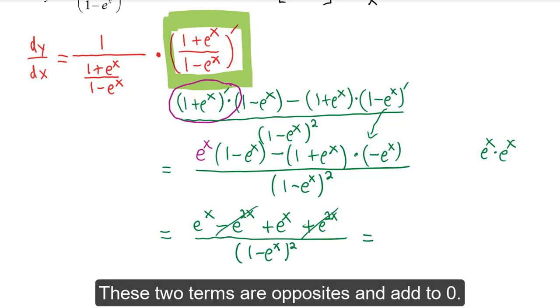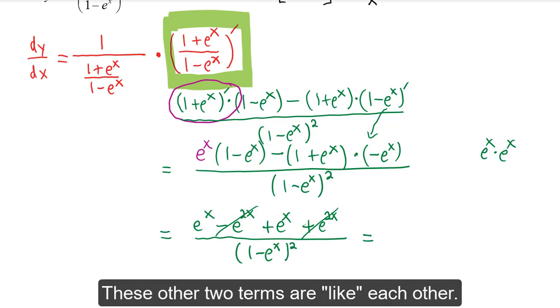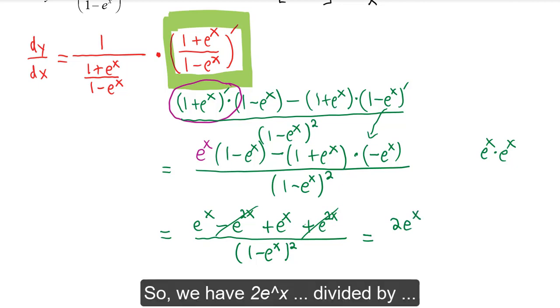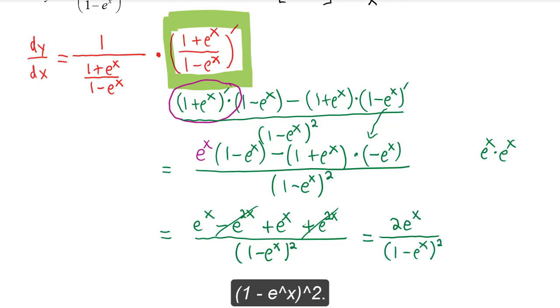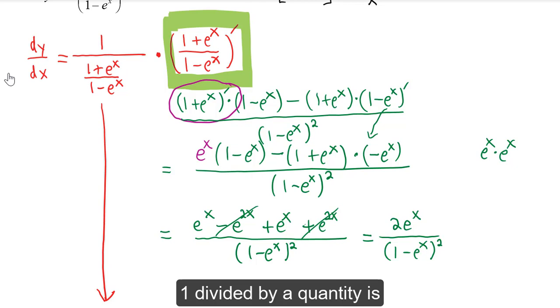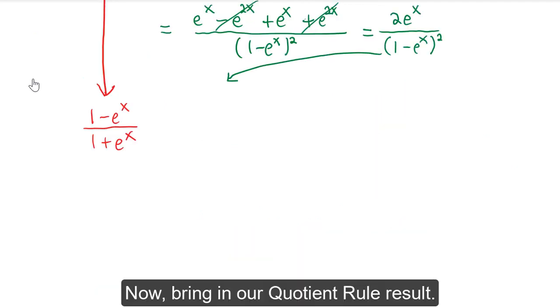These two terms are opposites and add to 0. These other two terms are like each other. We add their coefficients 1 and 1 and get 2. So we have 2 e to the x divided by 1 minus e to the x squared. We need to bring this down here. 1 divided by a quantity is the reciprocal of that quantity. Now bring in our quotient rule result.